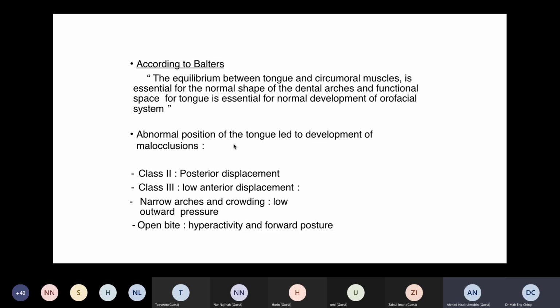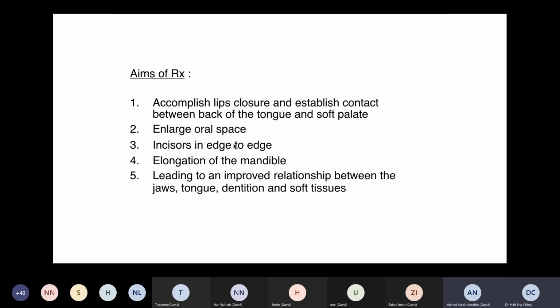Narrow arches and crowding come from low outward pressure. The open bite is from hyperactivity and the forward posture of the tongue. So you see the tongue can create so many problems. Let's say if you train the tongue right from the beginning, then maybe you can help the patient develop better tooth positions. So the aim of treatment is to accomplish lip closure and establish contact between the back of the tongue and the soft palate.